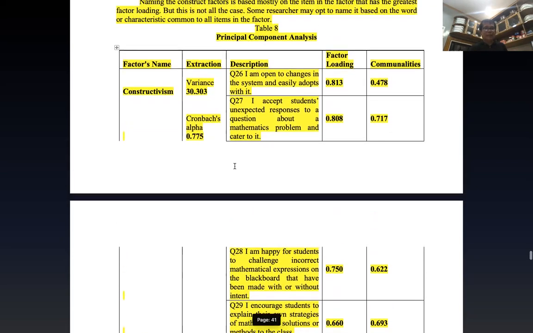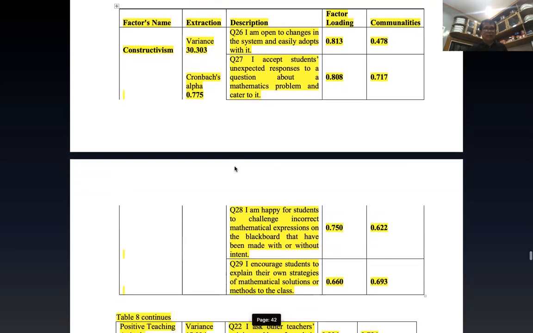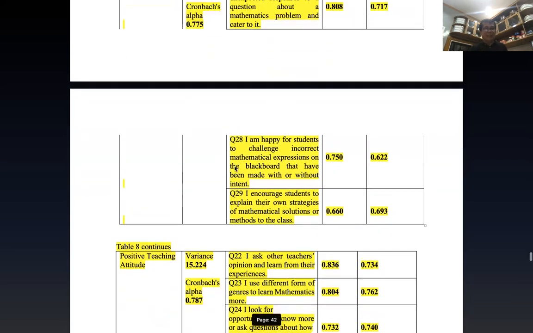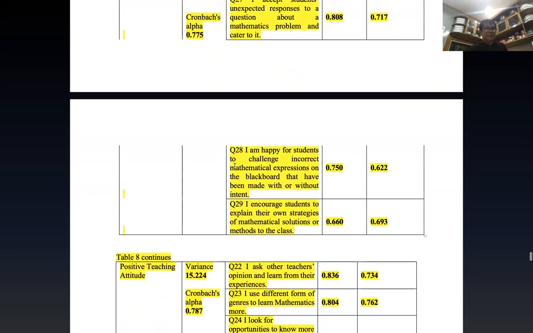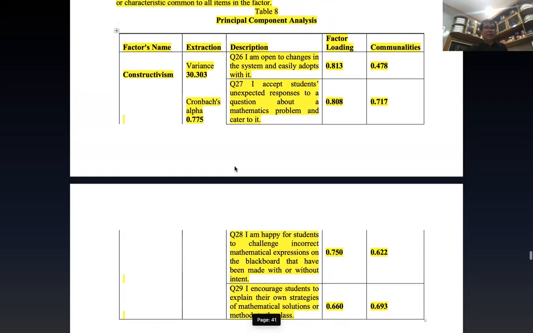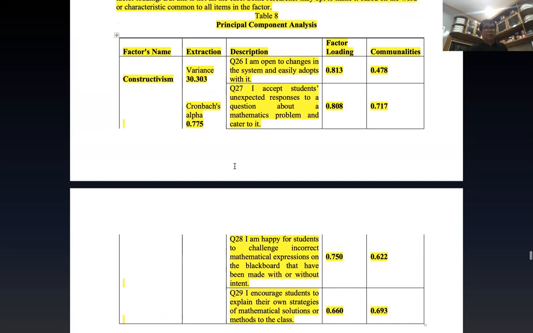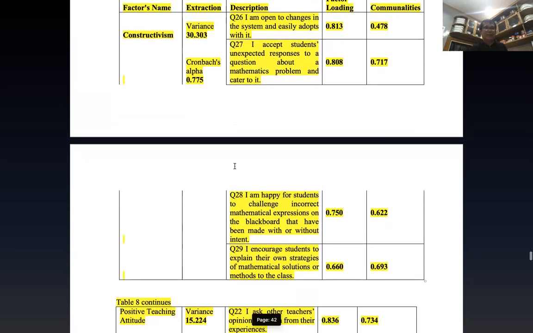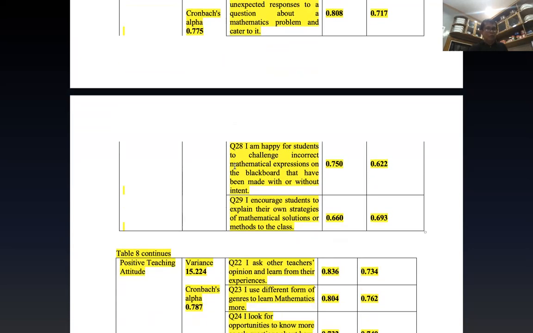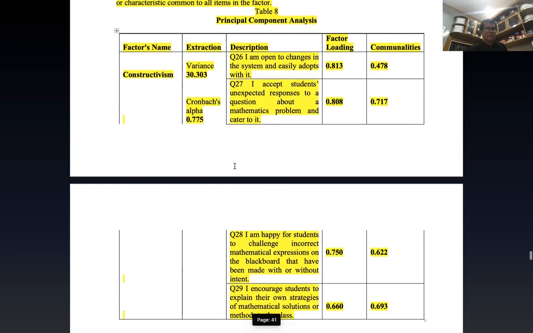Aside from conducting a review of related literature, he also consulted experts on whether constructivism would fit Q26, Q27, Q28, and then Q29. And validations have been conducted by different experts on whether these items can be called constructivism.